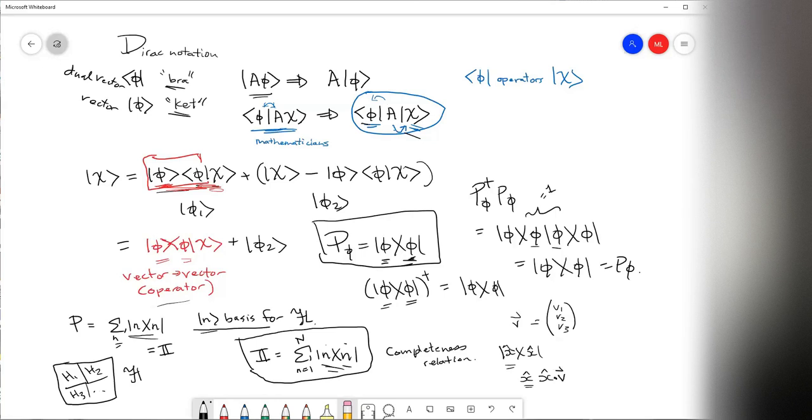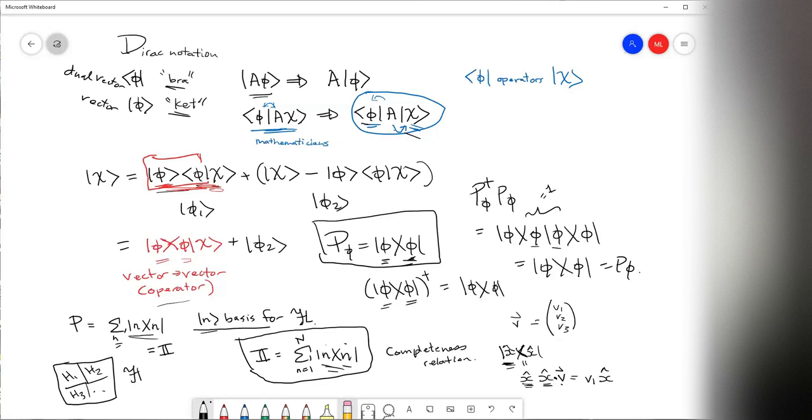That's what this operator does. It spits back out something along the x hat direction that's proportional to x hat dotted into your vector. That's what this bra does. It's the dual vector, so you combine it with the vector. And this is just v1 x hat.